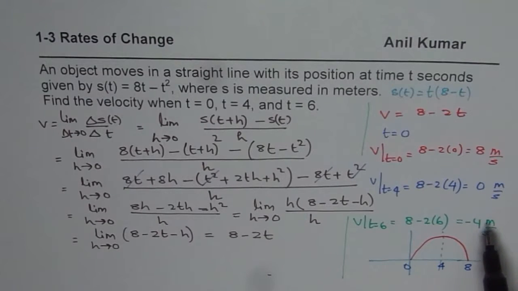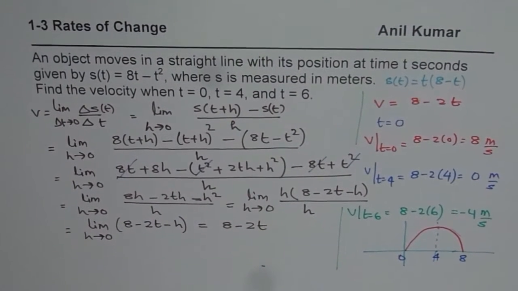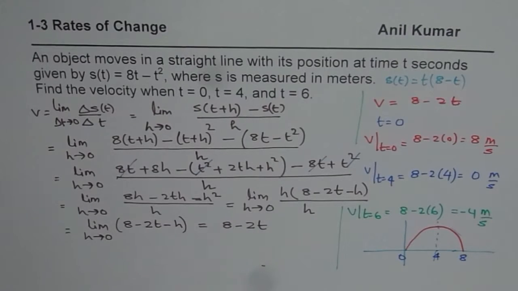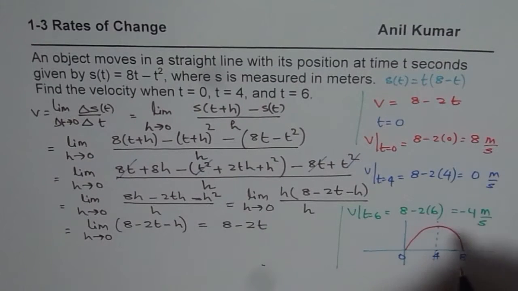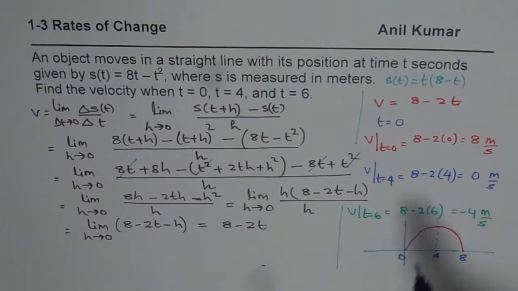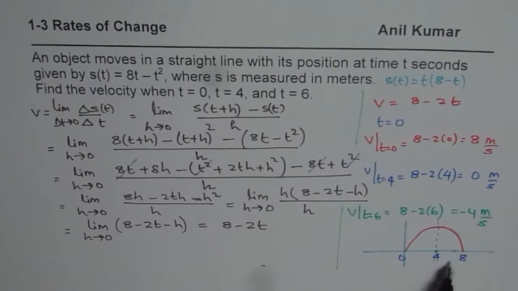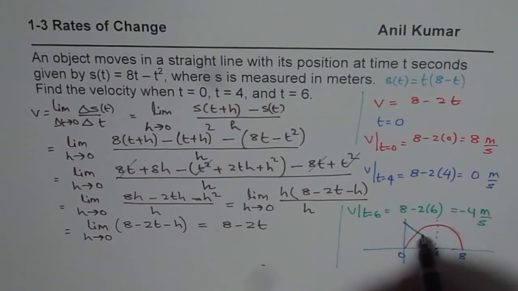As you can see, the velocity is 0 at the turning point, and thereafter it is negative, so the tangent is negative. The velocity is initially 8 meters per second, then it becomes 0, and then it is negative at t = 6. It is a straight line, which you can draw like this.